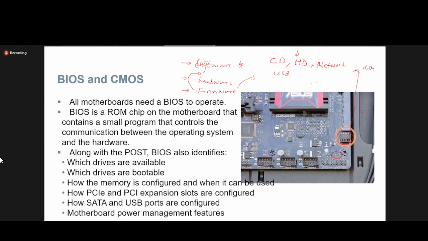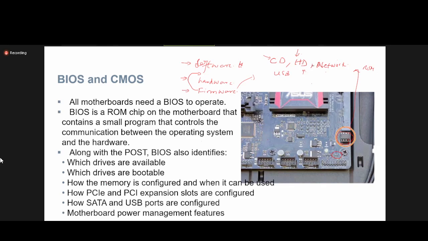But if you're troubleshooting a malfunctioning computer which cannot boot from the hard drive, then you use a CD or DVD to boot from. So you need to tell the BIOS that your boot sequence has changed from the hard drive.